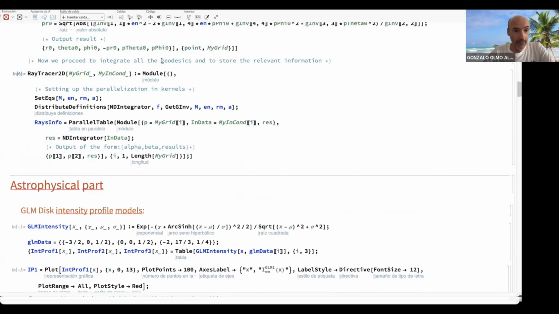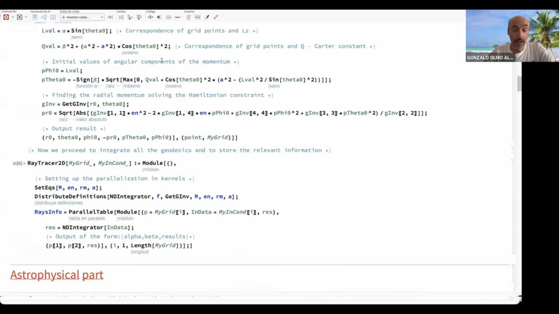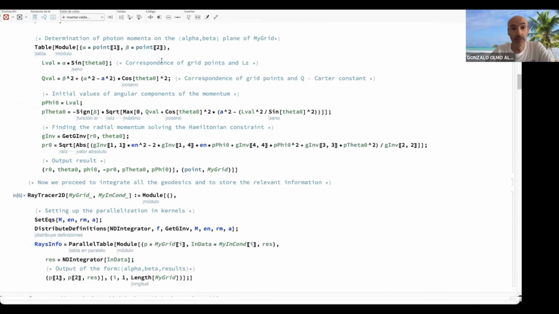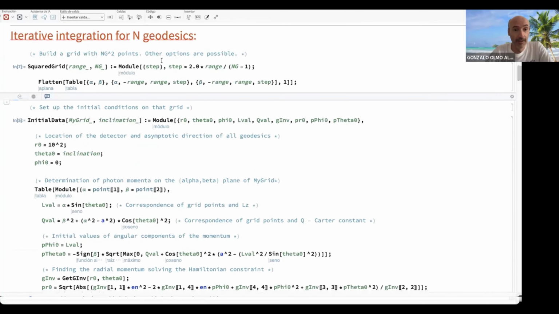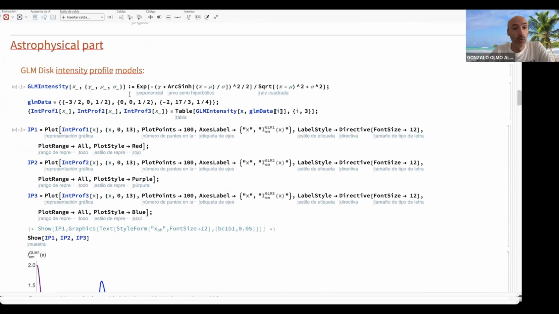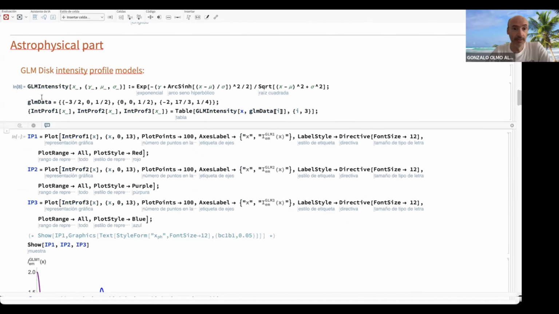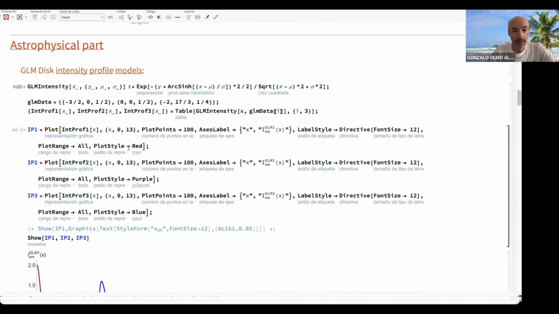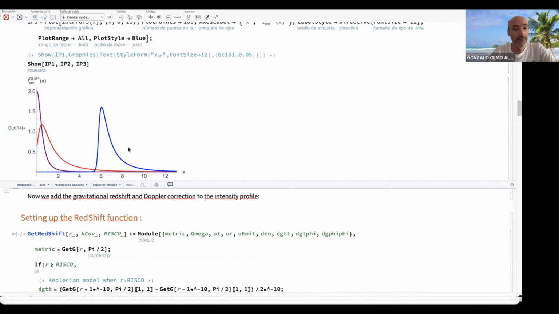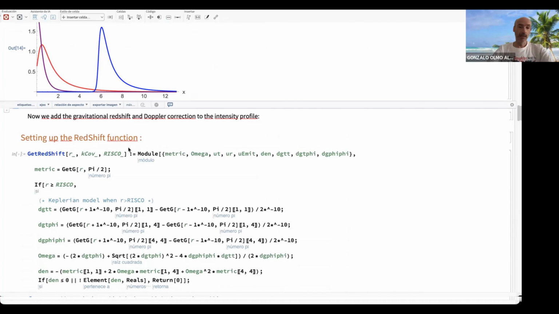Now that we have all the code for the integration, we don't really need much more. We just define the properties of the disk. This is the intensity profile, the same functions as we did in the previous lecture, the same examples.